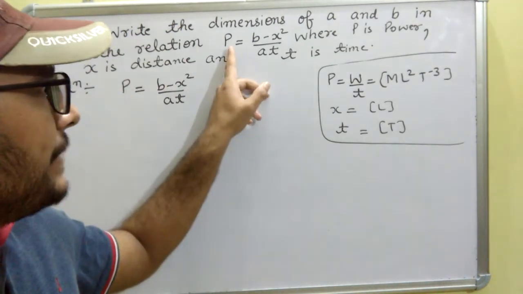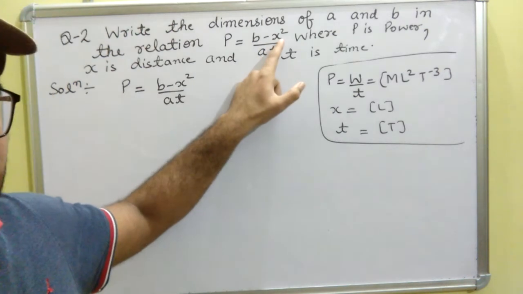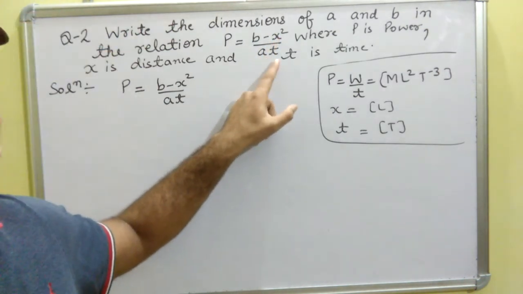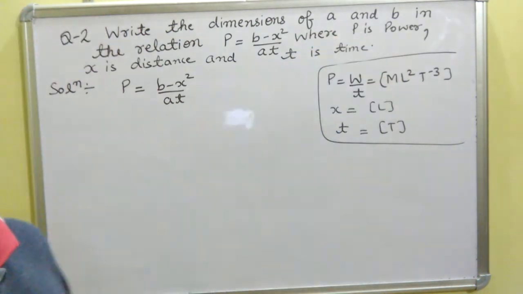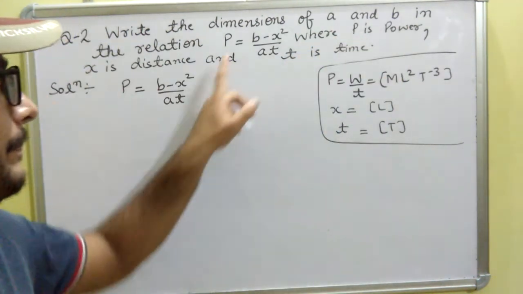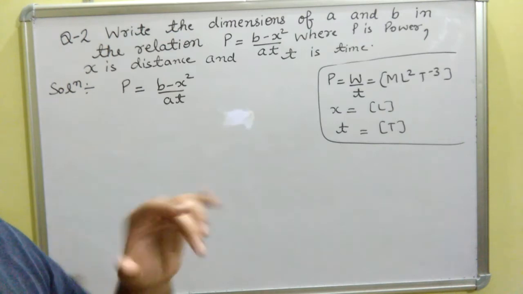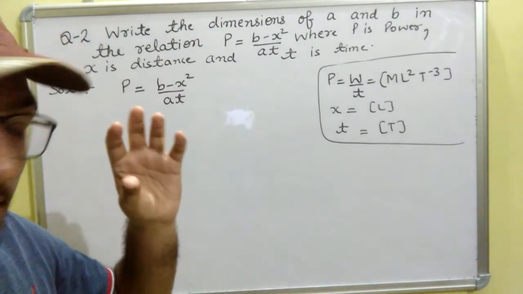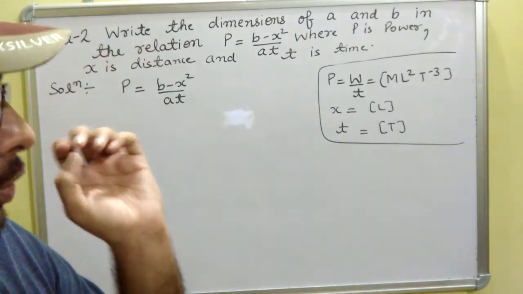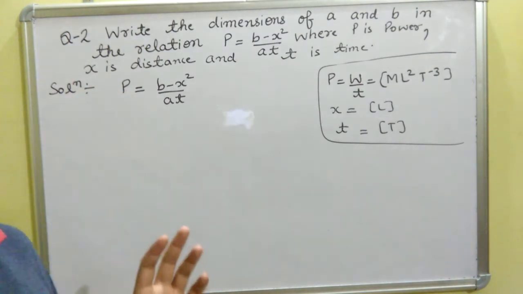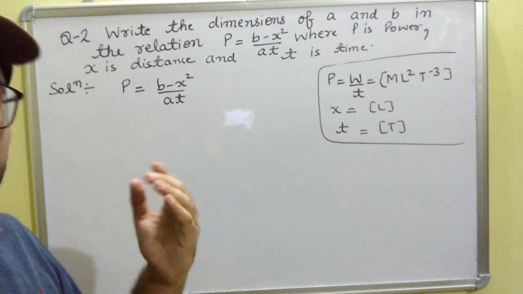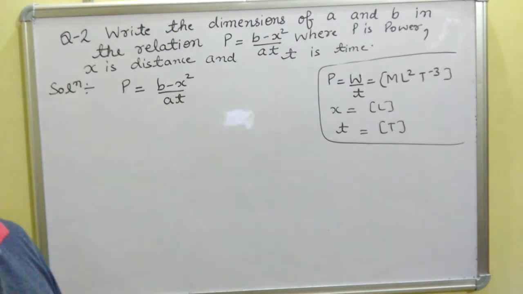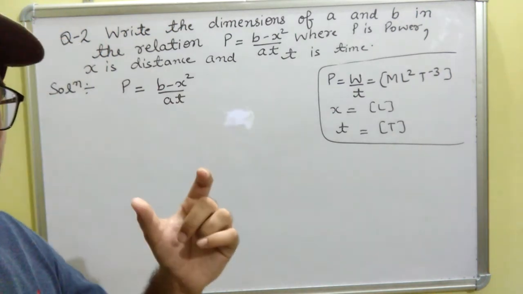In the relation P equals (B minus x squared) divided by At, where P is your power. Mind you, P is not always pressure. P can be power also. So always read the question very carefully, because sometimes students think P is pressure, because in most questions P is pressure, but read the question carefully.